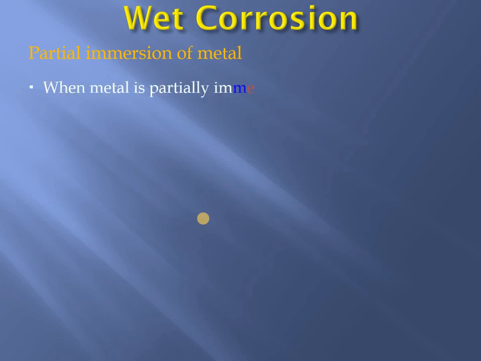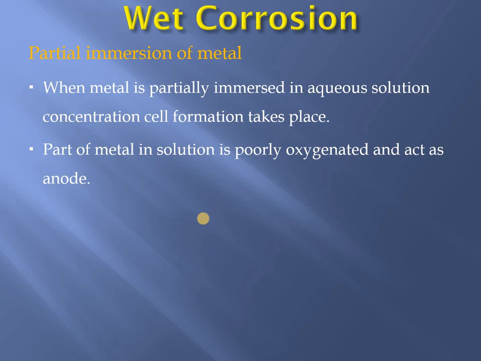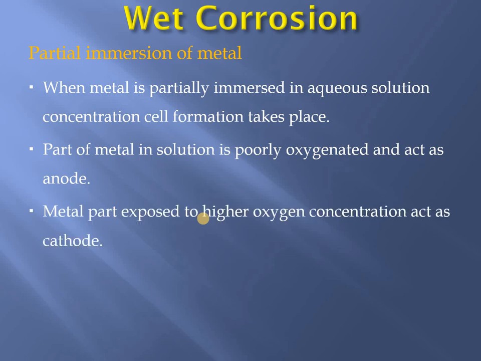So here the partially immersed metal in aqueous solution leads to the formation of a concentration cell, and the part of the metal in solution is poorly oxygenated and will act as an anode. That means the part of the metal which is exposed to the atmosphere or the air will act as a cathode due to the higher concentration of oxygen.